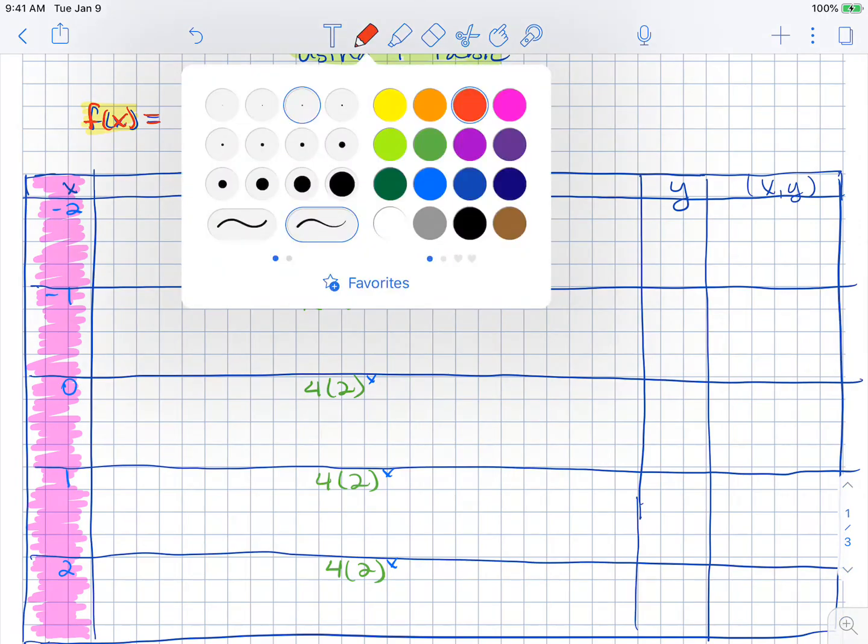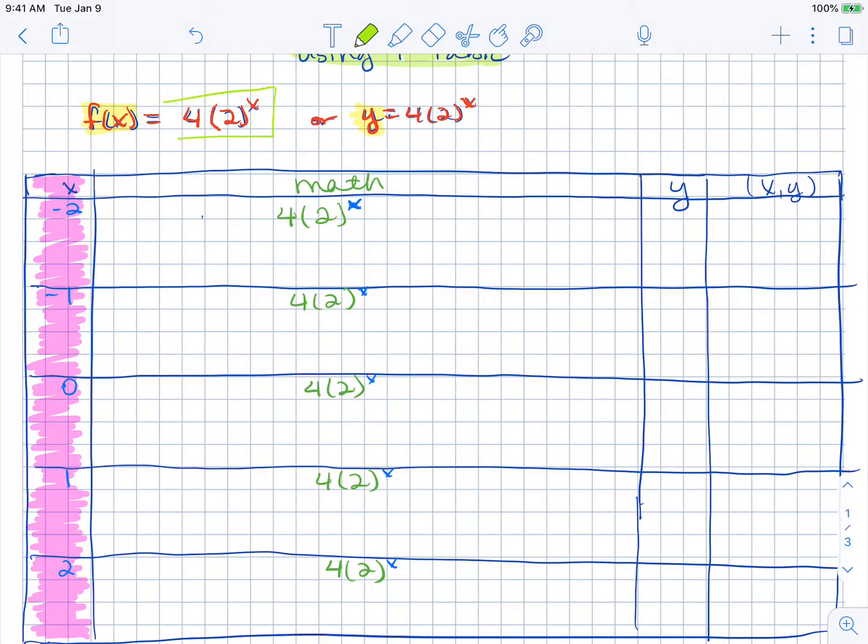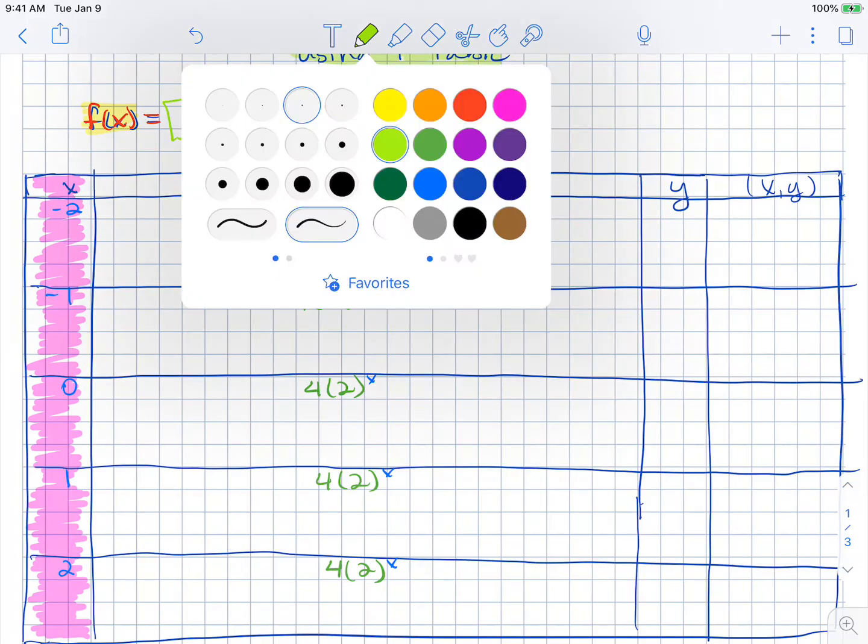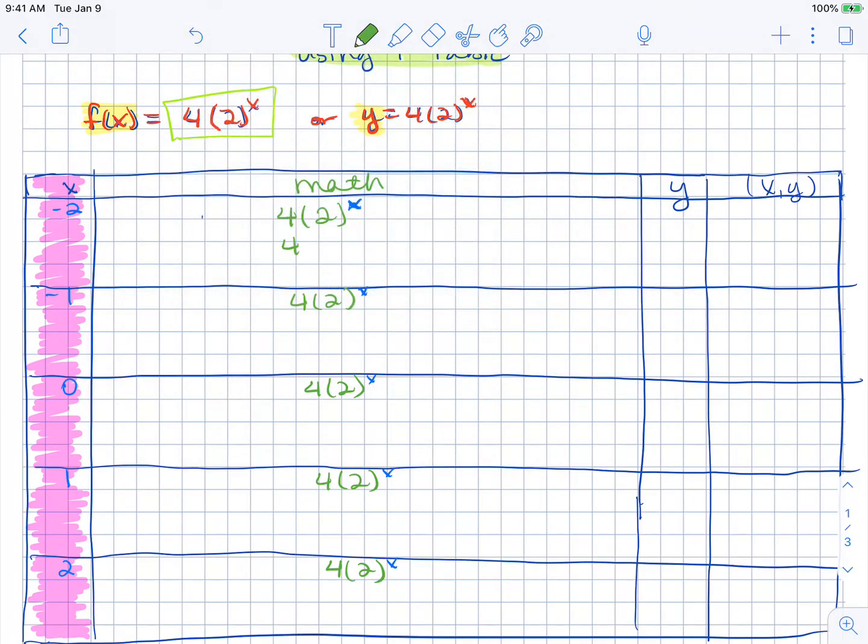This is where my equation comes from, and I've written it in for the math portion of my table. I'm going to take all my x values and plug them into my equation to get my corresponding y value.